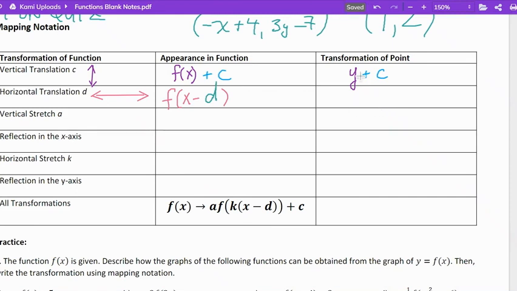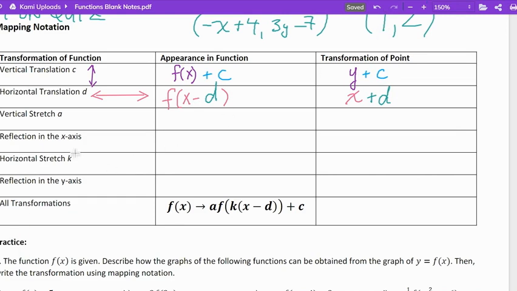So if I'm writing it in function notation, that number goes inside the bracket together with the x. But if I am just using it as a formula, what did I do? Is it x minus d or x plus d? Plus d, beautiful. Remember, because the d is like the opposite of what you see.